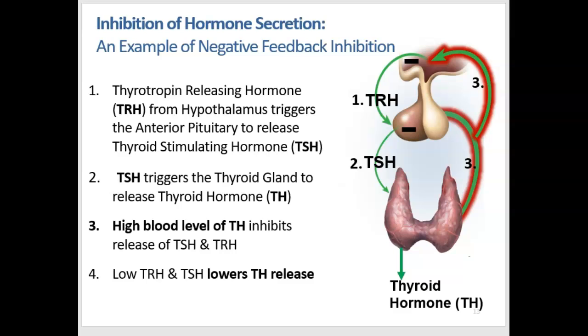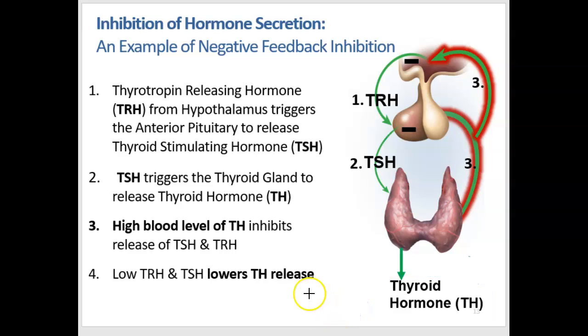We've seen negative feedback inhibition before with the nervous system, but now what we're looking at is the level of a hormone present in the bloodstream determining whether or not more of it will be released. Okay, so if it gets too high, we want to stop its release. If it gets too low, then we need its release to be stimulated.